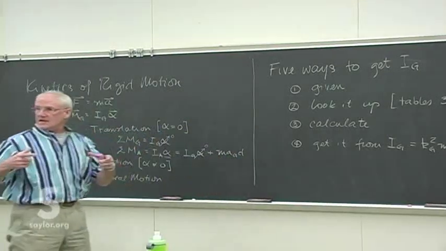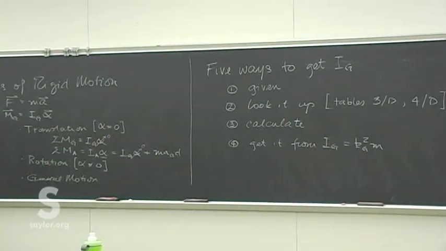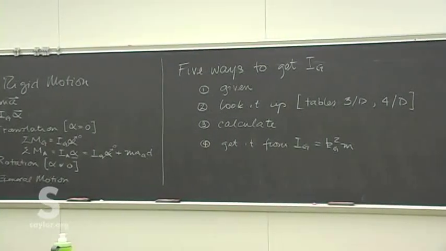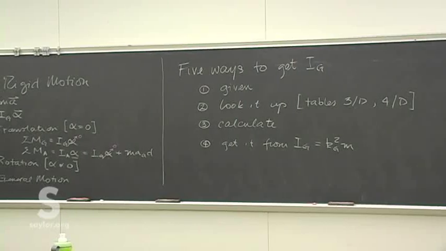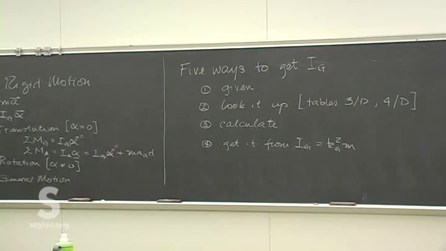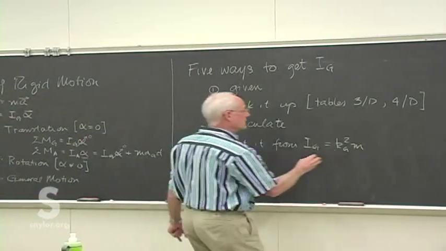It's as if we've taken whatever object we're talking about, and we know whatever its moment of inertia is. We move all of the mass out to some distance from the center of rotation, k, the radius of gyration, and it's as if we put all of the mass right there.